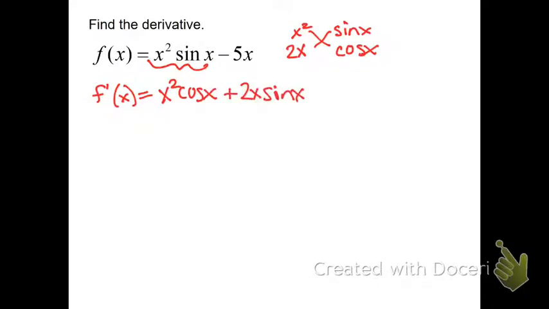Very straightforward. And then the derivative of -5x is just a -5. Altogether, believe it or not, that's it. It was easier than it looked. So that was a quick review of a real straightforward problem of the product rule without you having to simplify a bunch of things.